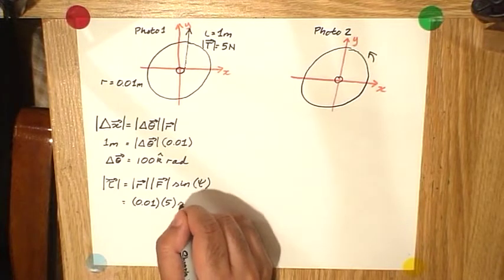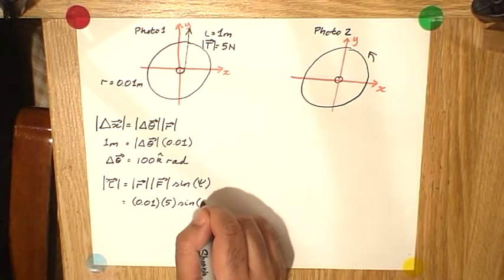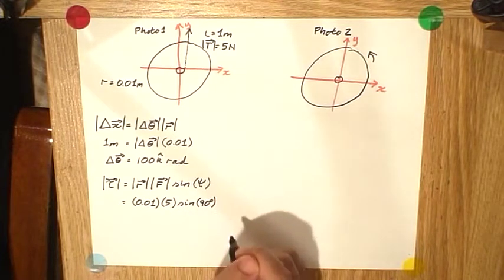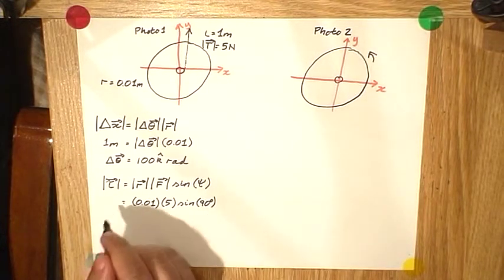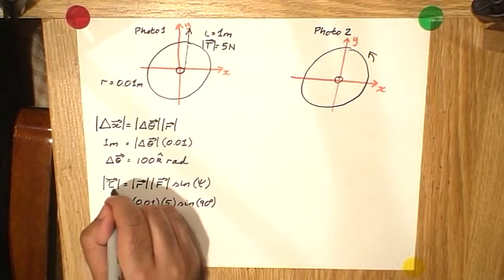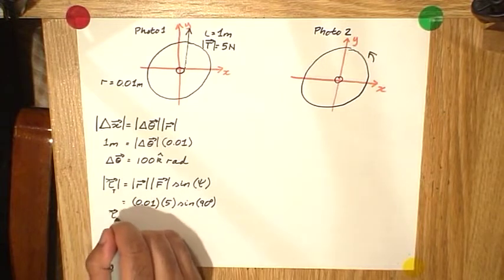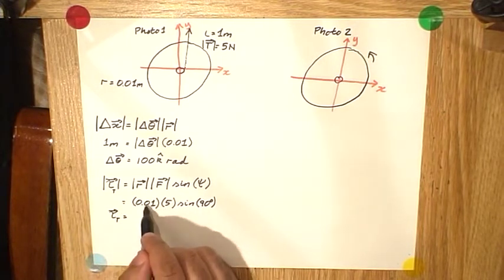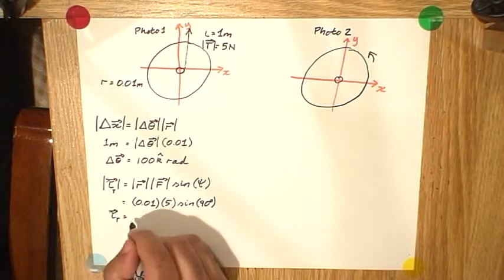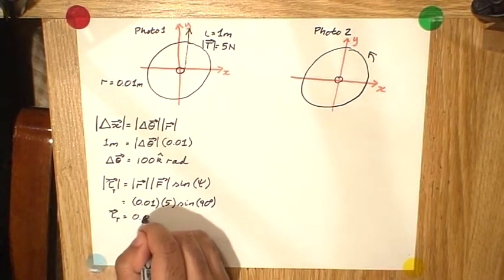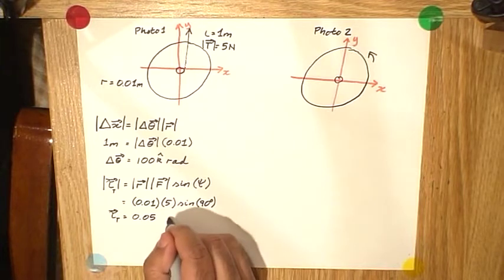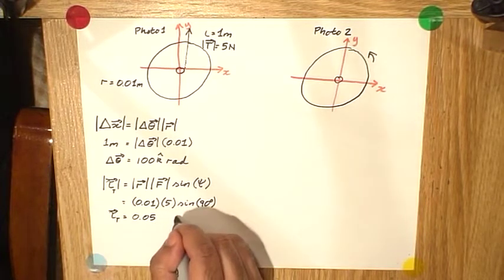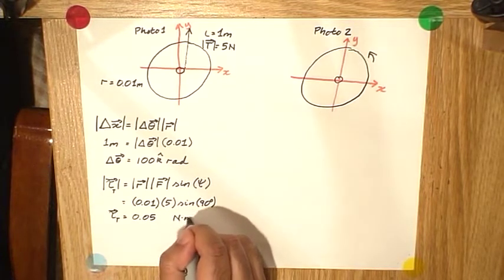This would be the sine of 90 degrees. So if we were to solve for the torque being caused by the tension, sine of 90 is 1, so we get 0.01 times 5 times 1, which gives us 0.05, and the units of torque are newtons times meters.